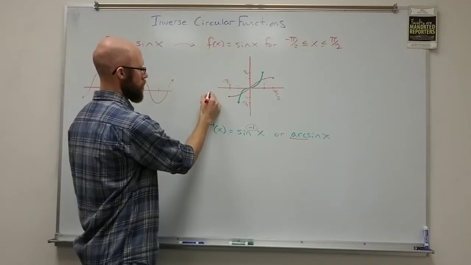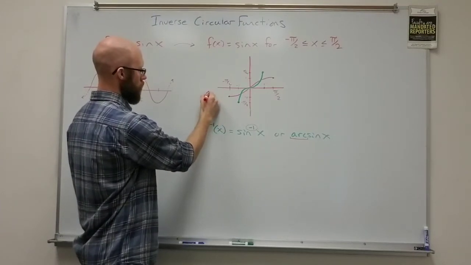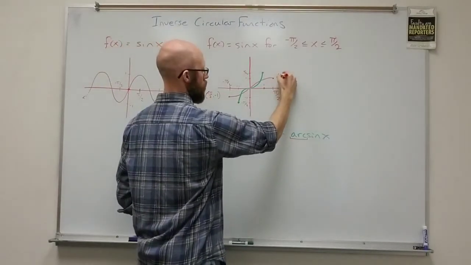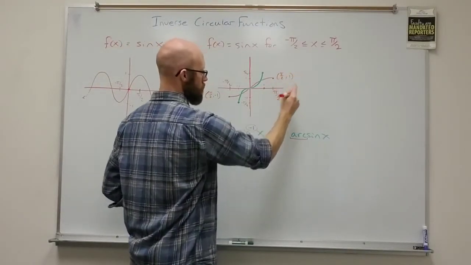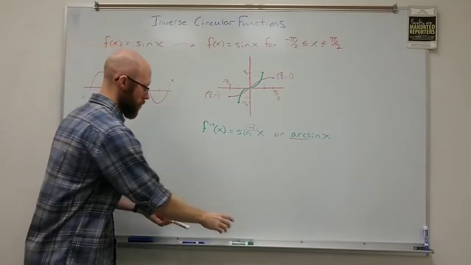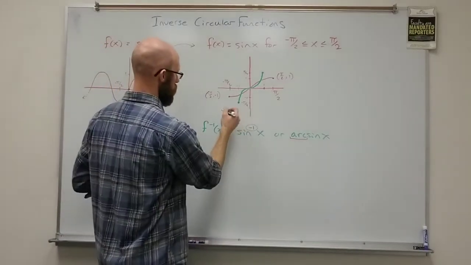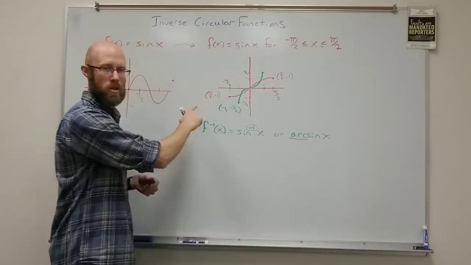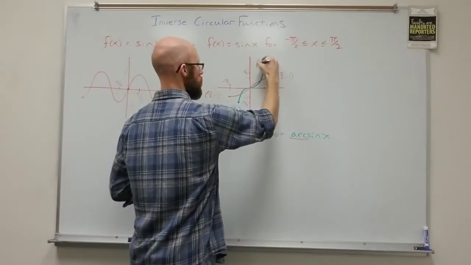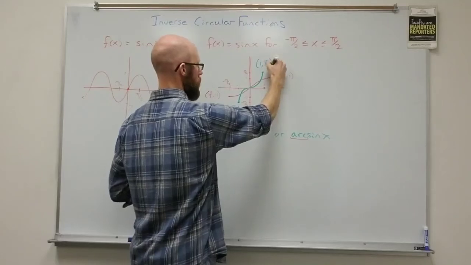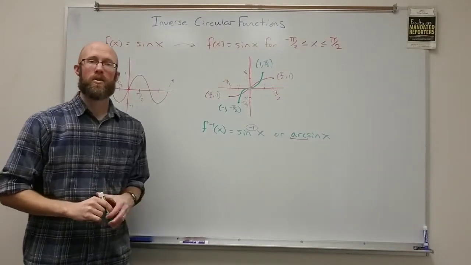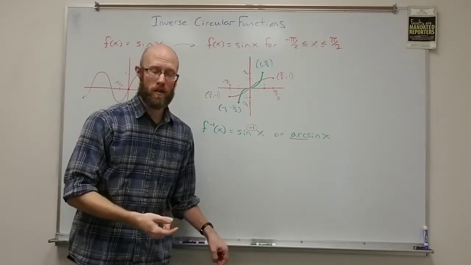On the original sine, the endpoints are negative pi over 2 comma negative 1 and pi over 2 comma 1. On the inverse sine, the endpoints are negative 1 comma negative pi over 2 and 1 comma pi over 2. You just interchange the two coordinates. Now we look at the domains and ranges of each.